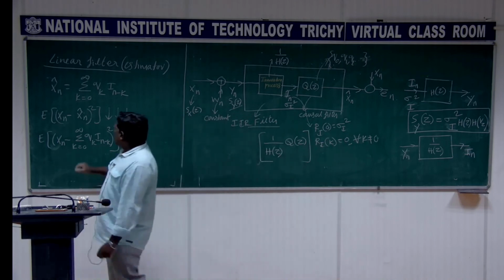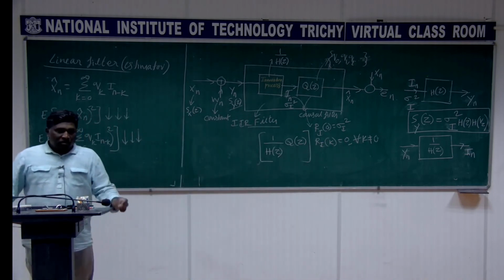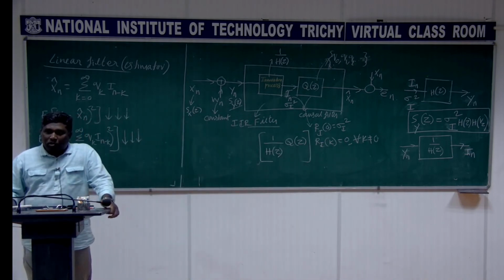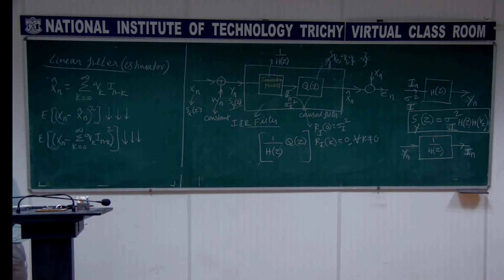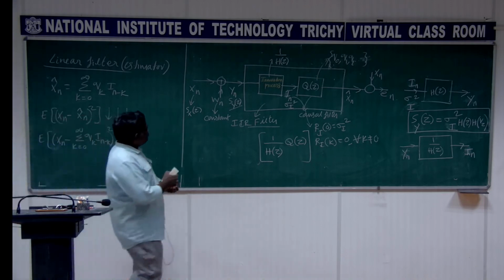This is the property. This only helps me to solve this problem. This is the trick we are going to use to solve this problem, right? So we'll see that.